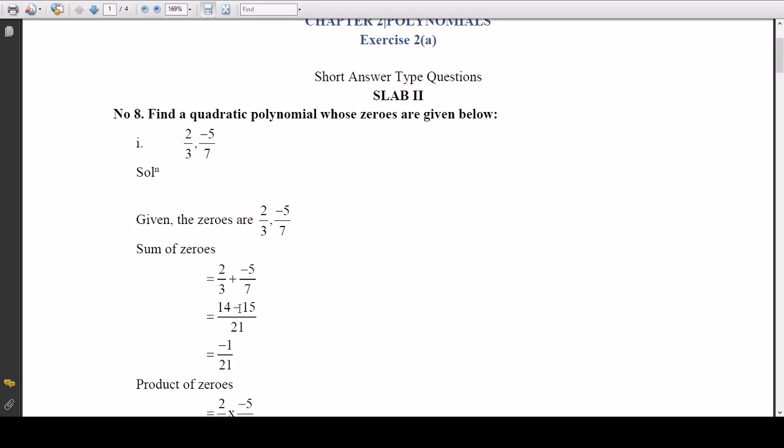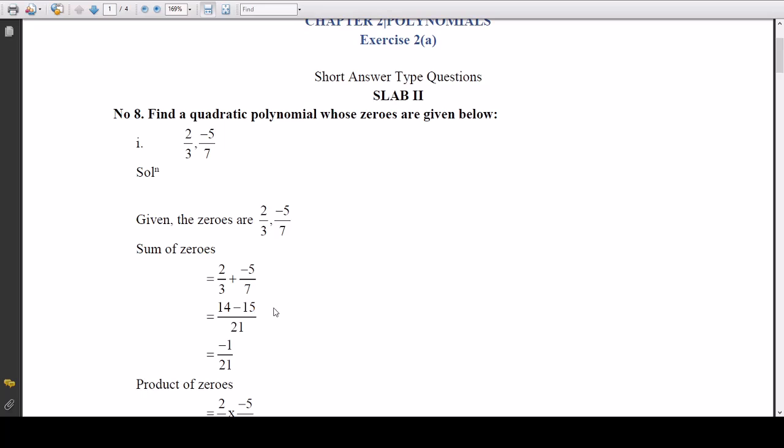Plus minus is minus. Now again 21 divided by 7 is 3. 3 multiplied by 5 is 15. We have 14 minus 15. Plus minus is minus. That means we have to subtract these two. 15 minus 14 is 1.